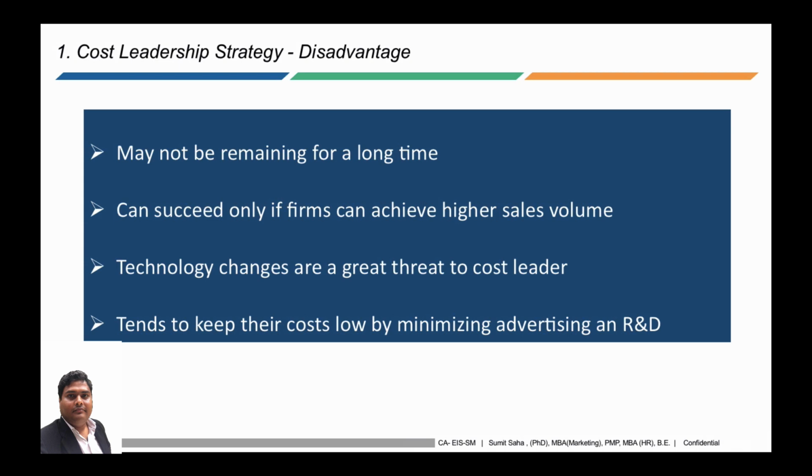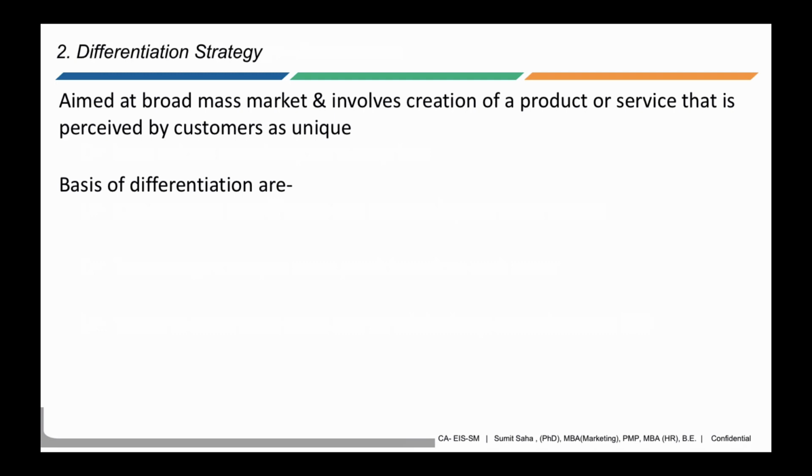Now we'll talk about the differentiation strategy, the second strategy. It is aimed at the broad mass market and involves creation of a product or service that is perceived by customers as unique. The best example is Apple. You take any Apple product, it has differentiation against its competition or rival.